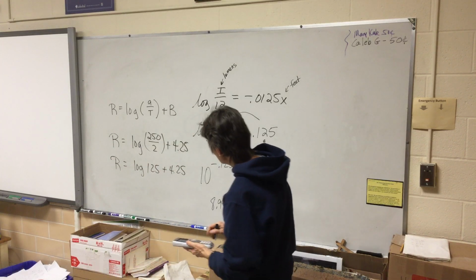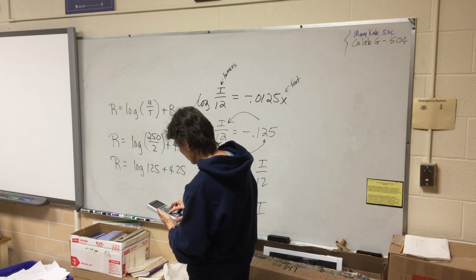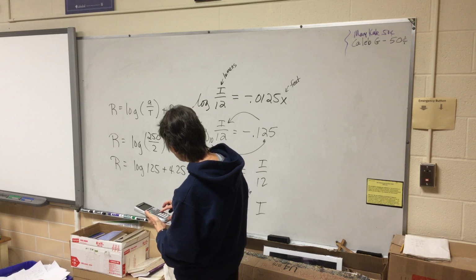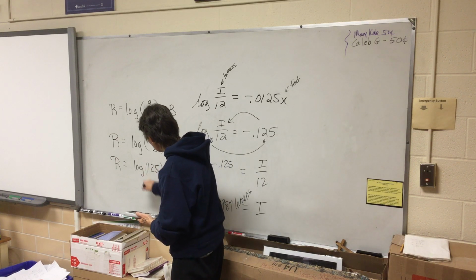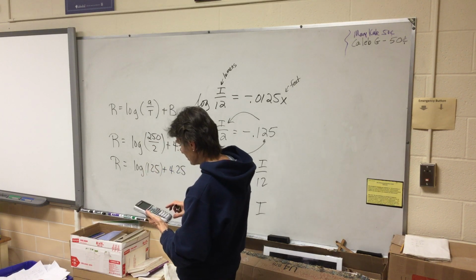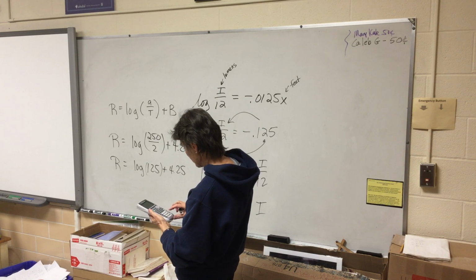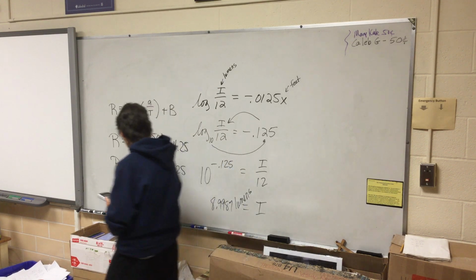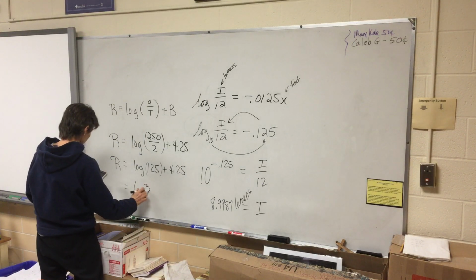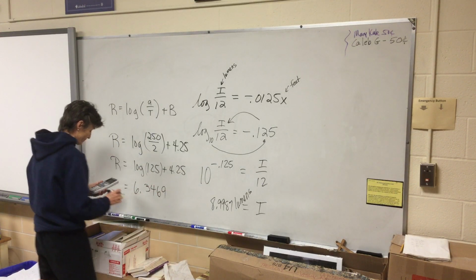All I need to do is type it in. So log 125, close the parentheses. Always, if you're doing something else, you got to close those parentheses. Plus 4.25. And I got 6.3469.